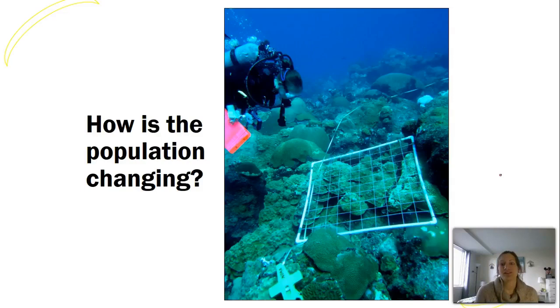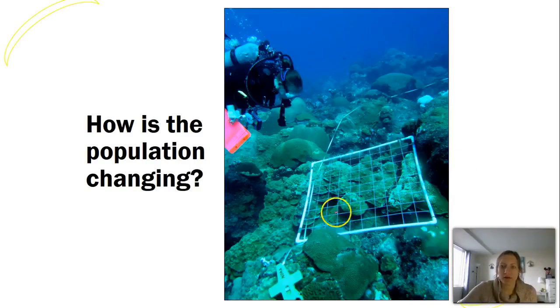And again, a lot of the reasons we do this is because we're interested in how the population changes. For example, this researcher is looking at coral and is looking at the coral dying. Here they have this grid, and they're doing the same thing. They are looking at the percentage of dead coral in each of those boxes. But they're not going to count every single box.